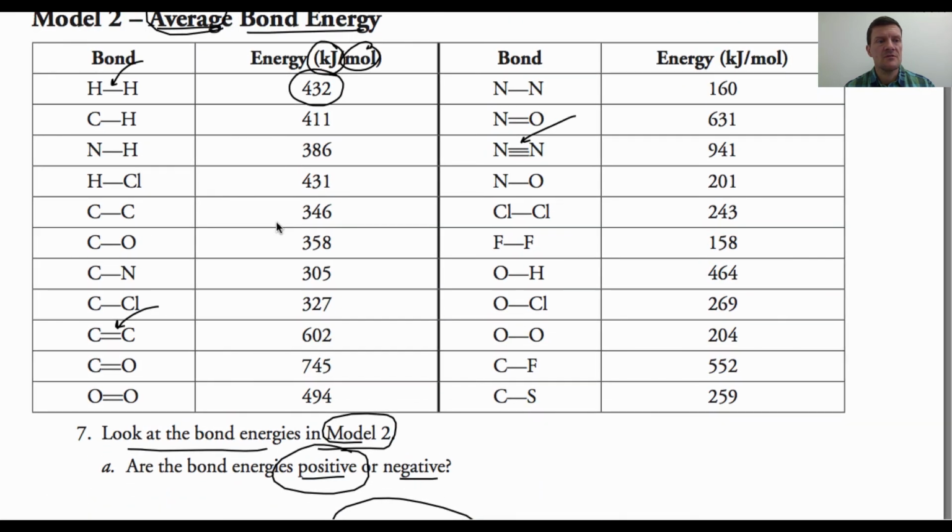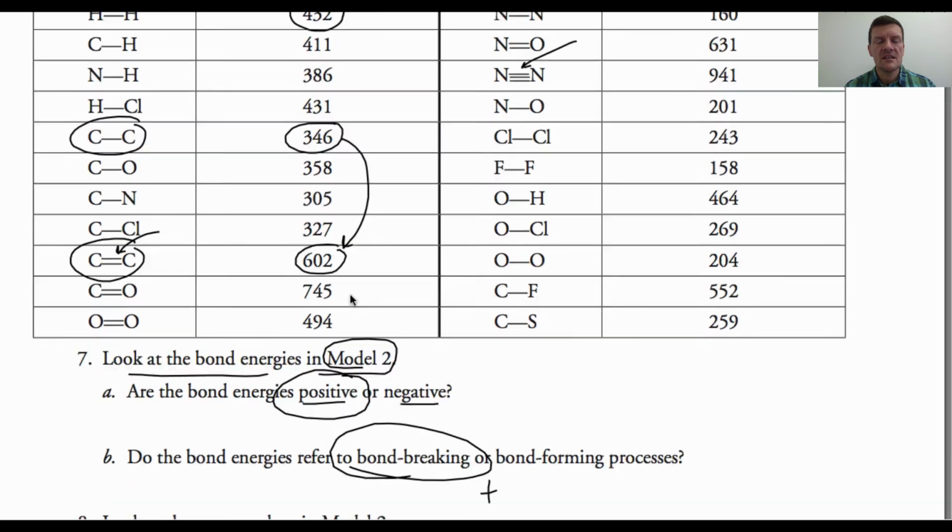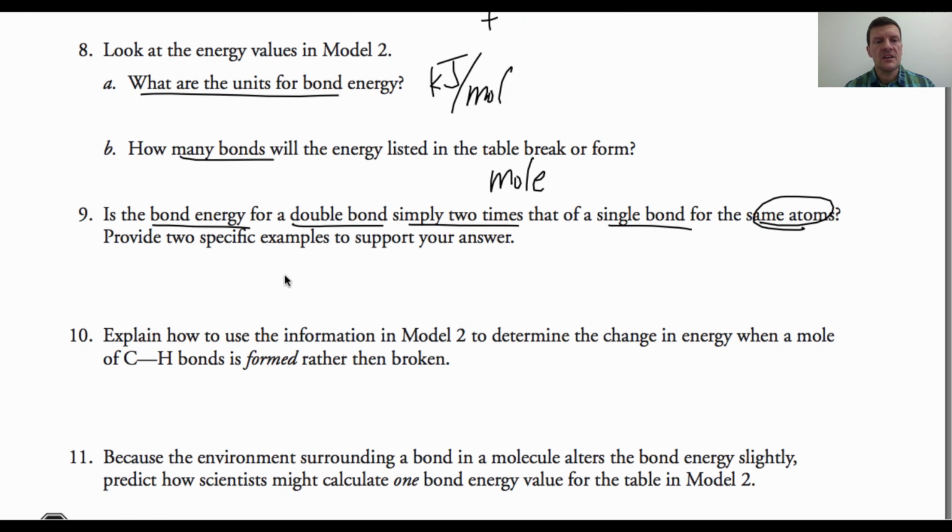So let's see if we can find a single and then a double. And we've got 346 and 602. And so the answer is no, it's not exactly twice. Okay, it's not exactly twice because a double bond with carbon and carbon is not going to be 2 times a single bond. Okay?